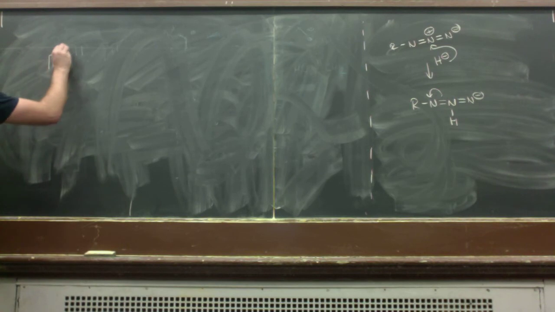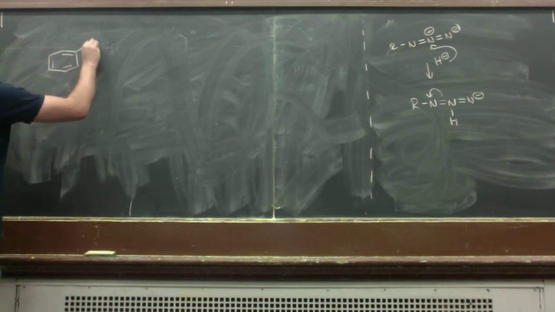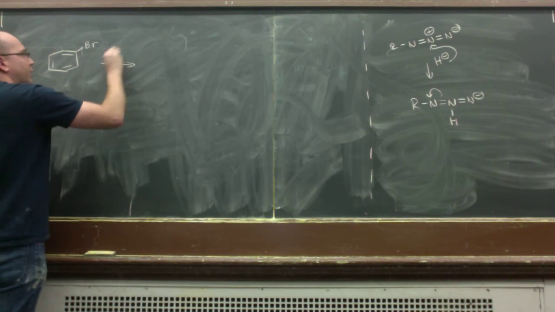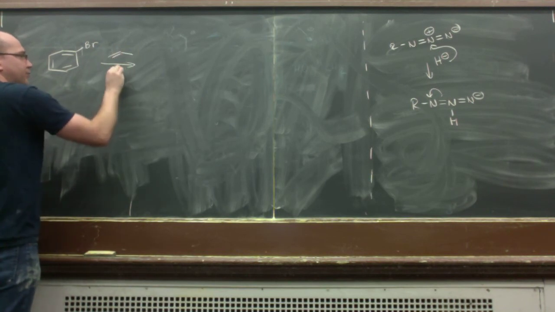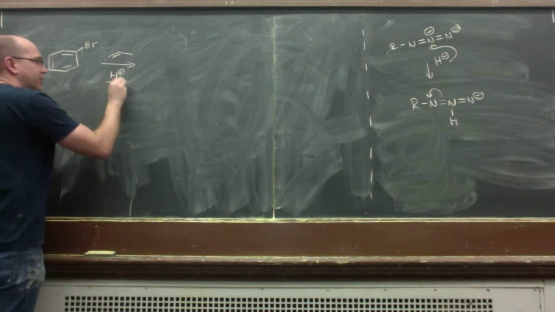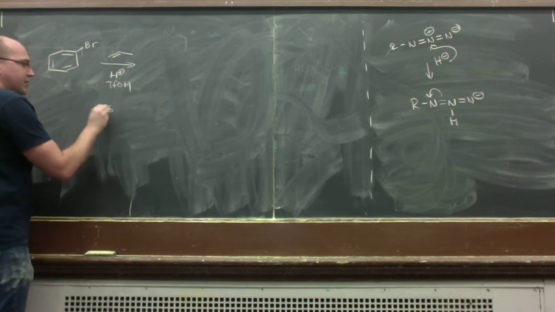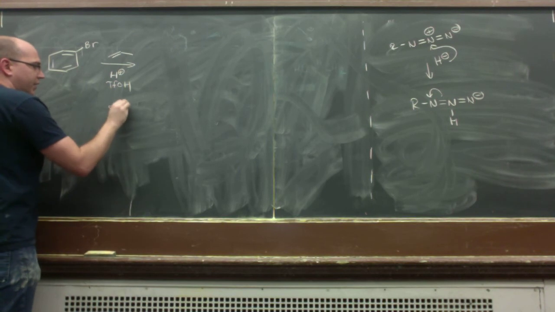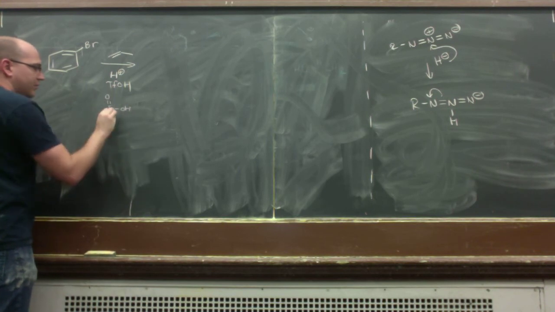Let me just get the question up there. So it was bromobenzene reacting with propene and some acid, TfOH. Yeah, so triflic acid is a sulfonic acid, it's just a super acid.